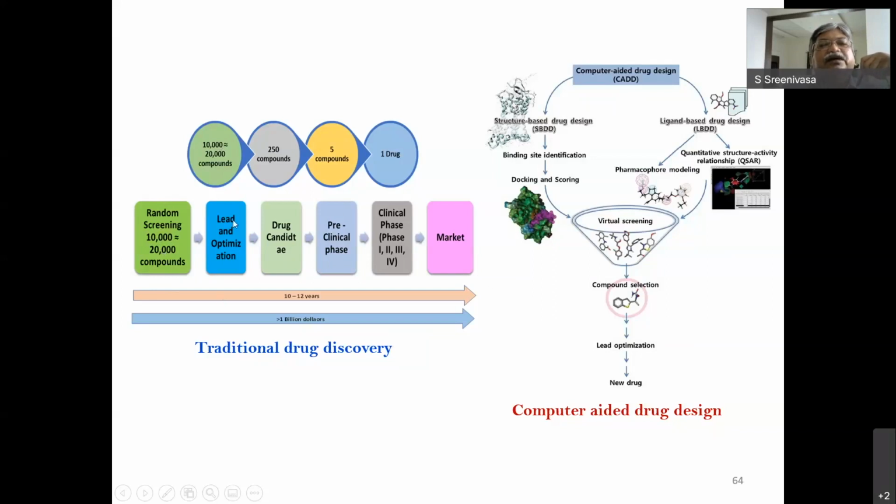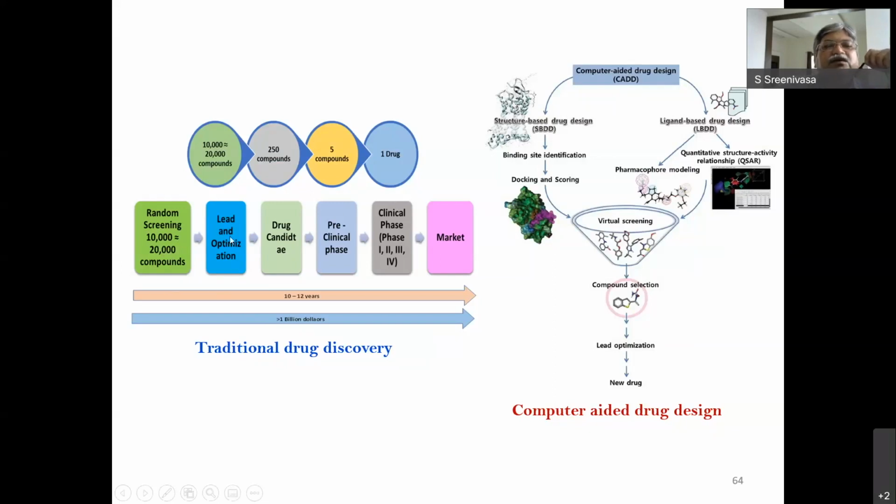Afterwards, out of these 10,000 or 20,000 molecules, 250 molecules will be identified as lead molecules, and these lead molecules are further subjected to ADMET tests, that is absorption, distribution, metabolism, excretion, etc. In vitro and in vivo tests, all those things are carried out for these molecules.